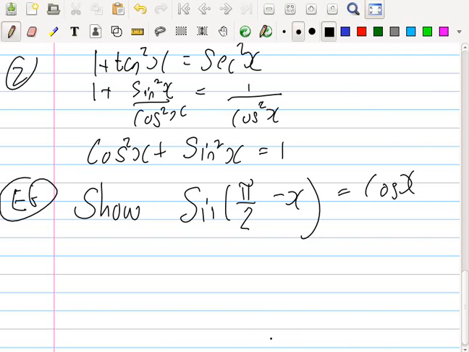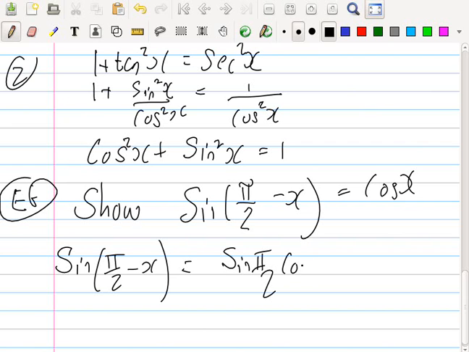I think sine to cos. So what rule can I use here for sine of pi over 2 minus x? Sine a minus b. Yeah? So this will be sine a cos b minus sine b cos a.